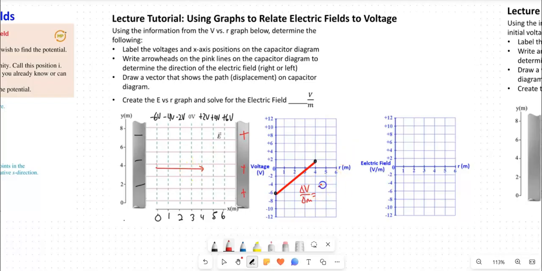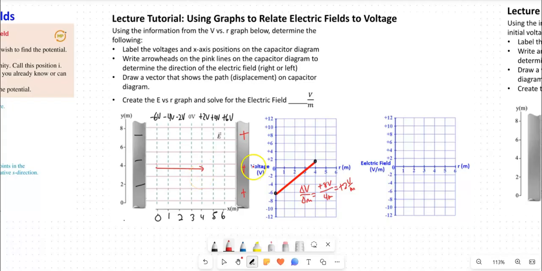So it changed in the positive x direction. So it's a positive 8 volt change in voltage across 4 meters. So that's basically positive 2 volts per meter. And that's just the change in slope here. So that's the path it's taken.